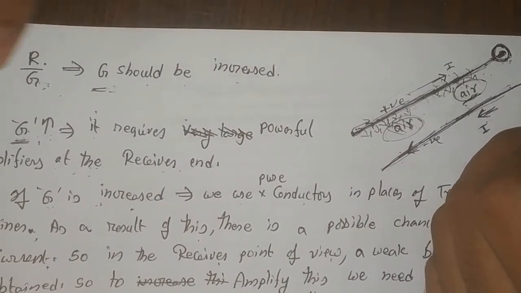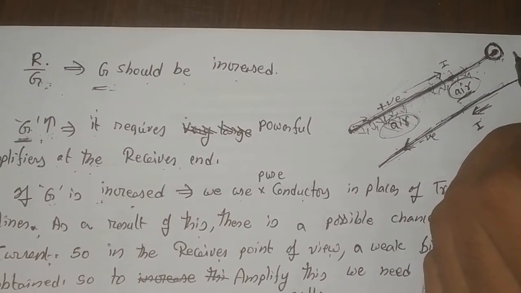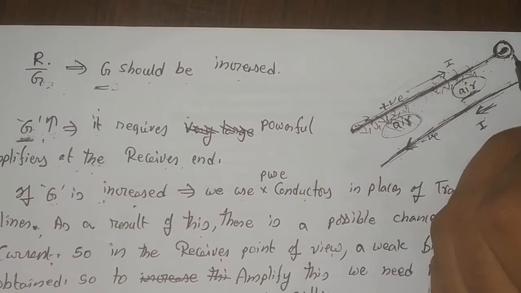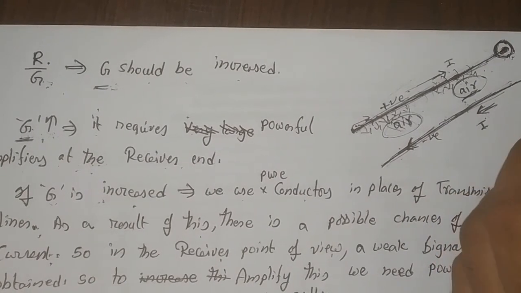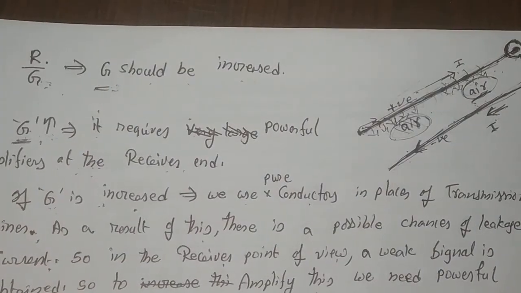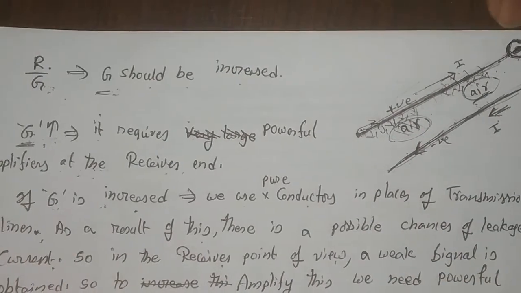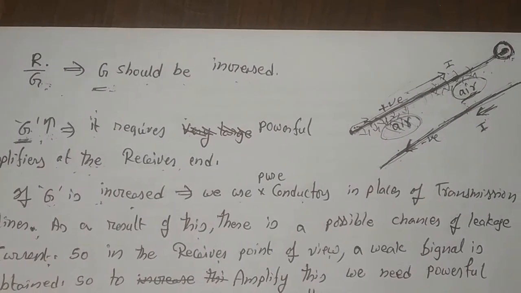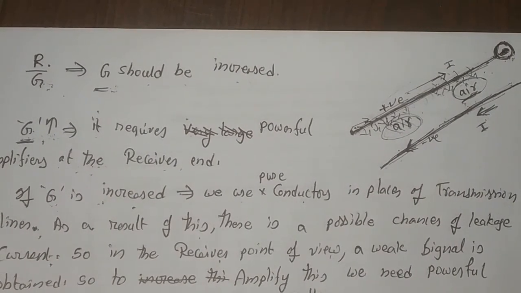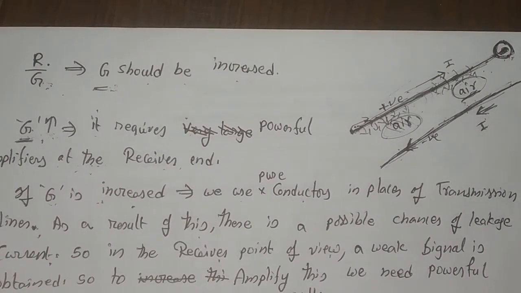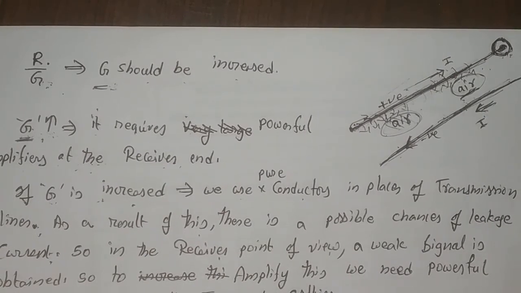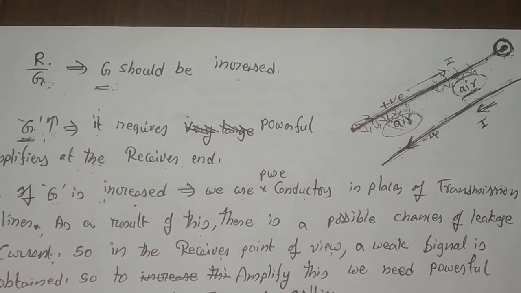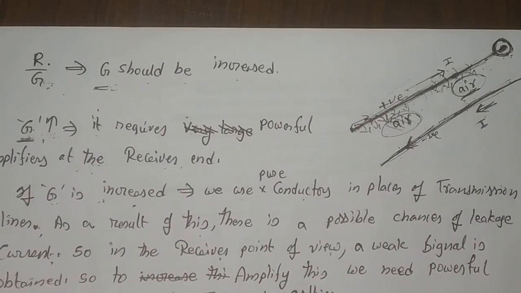Therefore, due to receiving a weak signal at the receiver end, these receivers are required to use very high power amplifiers. That means near the receiver they have weak power signals, so in order to increase the power of such signals, they have to use powerful amplifiers. But in general, those powerful amplifiers are costlier.